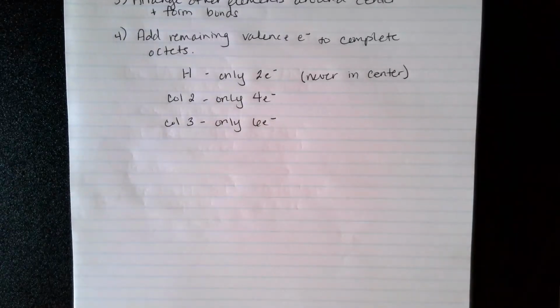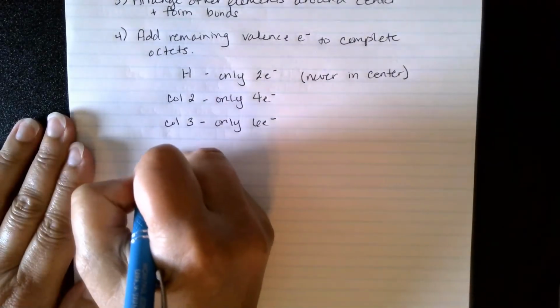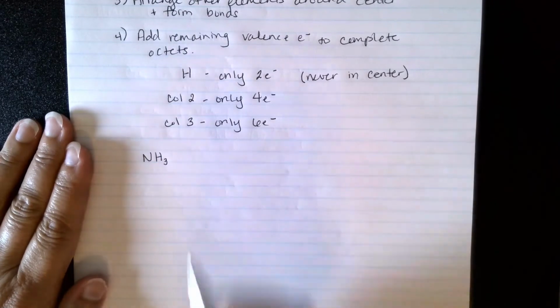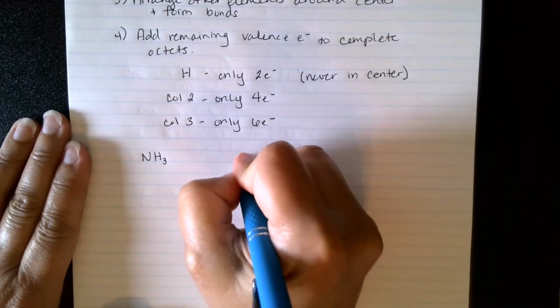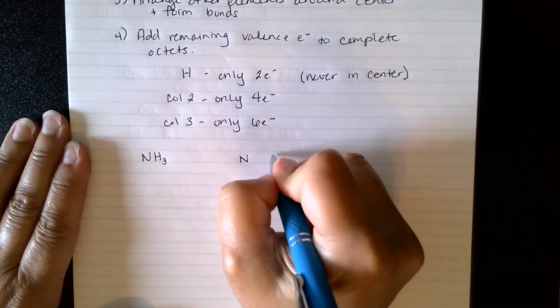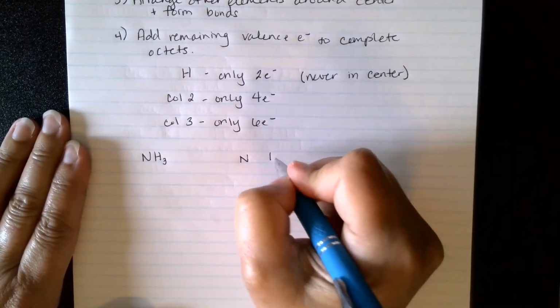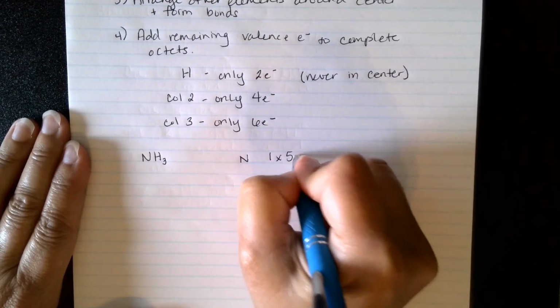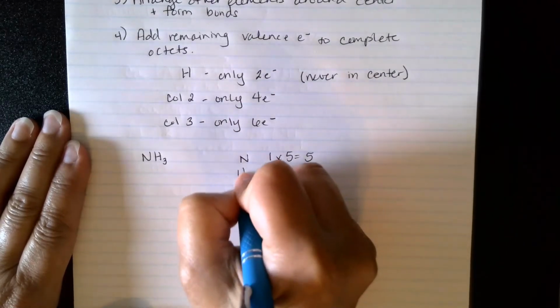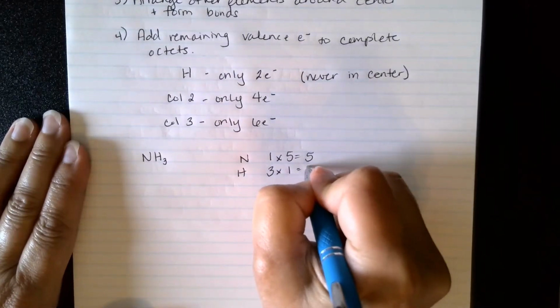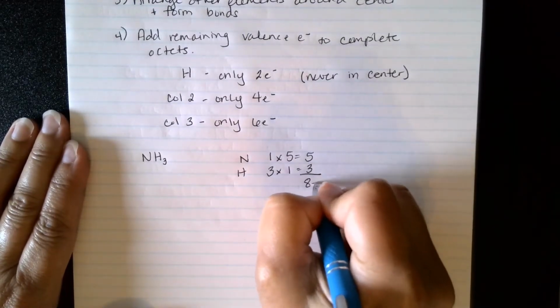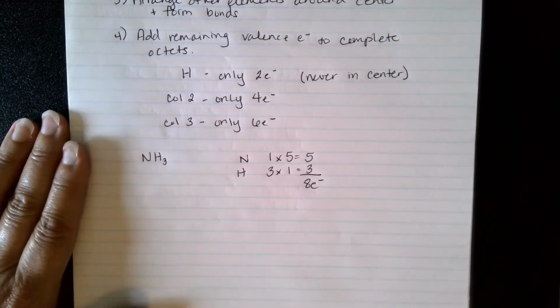Alright, so let's look at perhaps NH3. We're going to figure out our valence electrons. N, I have 1 of them, and it happens to be in column 5. And then hydrogen, I have 3 of them, and they are in column 1. So altogether I'm supposed to have 8 valence electrons.